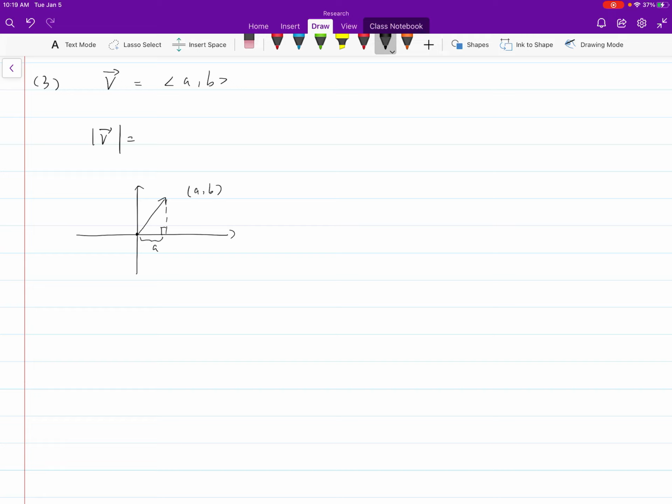Now if you draw the right triangle, that means this part is A, this part is B. That's what AB means, right, from the coordinate system. Now for magnitude, basically what you're asking is, in this right triangle, how long is this side? Knowing this side to be B and this side to be A, so that's going to be the square root of A squared plus B squared, according to the Pythagorean theorem.